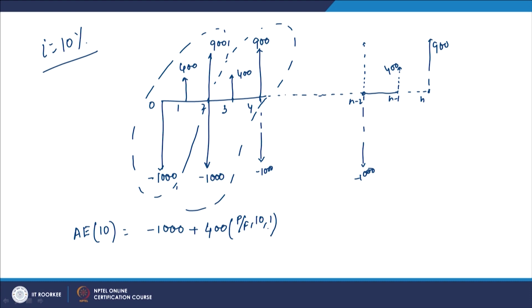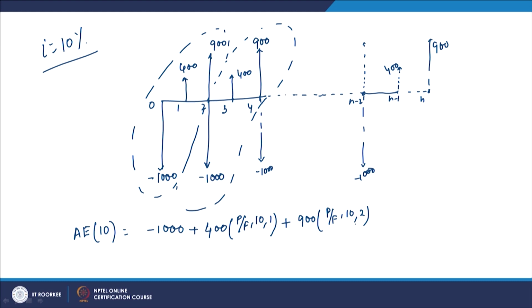Then you have this 900 value, which will be multiplied with P by F 10 2. This whole amount is basically telling you the present worth value for this repeating type of flow.